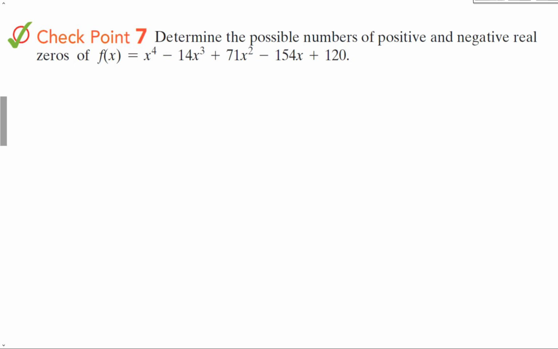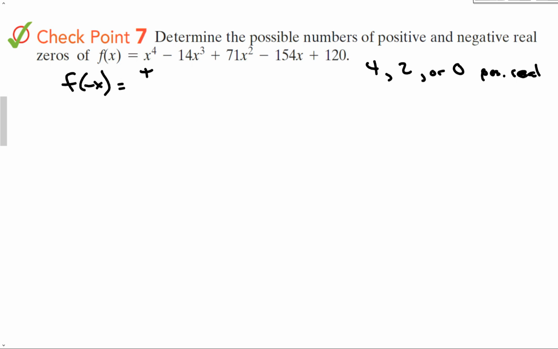Look at the number of sign changes. 1, 2, 3, 4. So that is 4, 2, or 0 positive real roots. And then what I like to do as a little shortcut is that when I plug in negative x, I know that everything with an even exponent is going to stay the same.